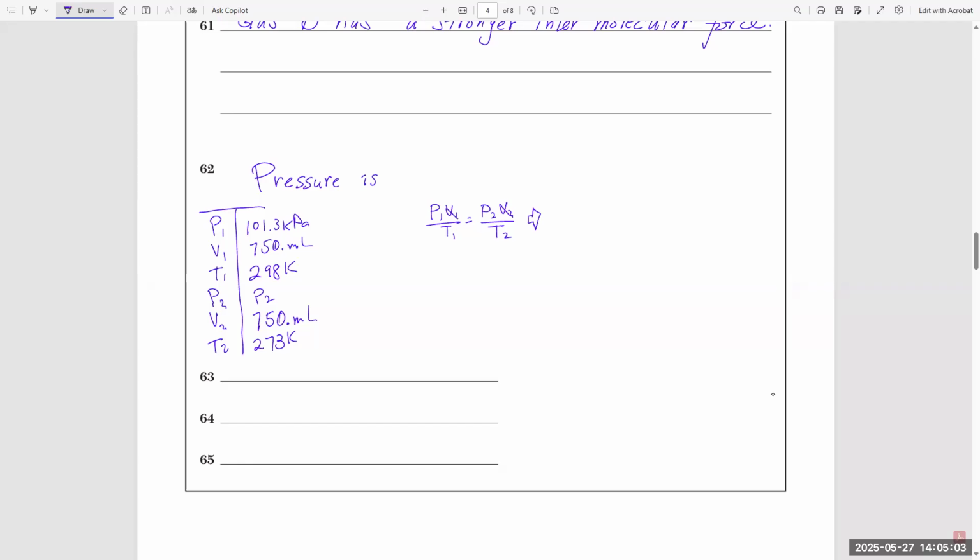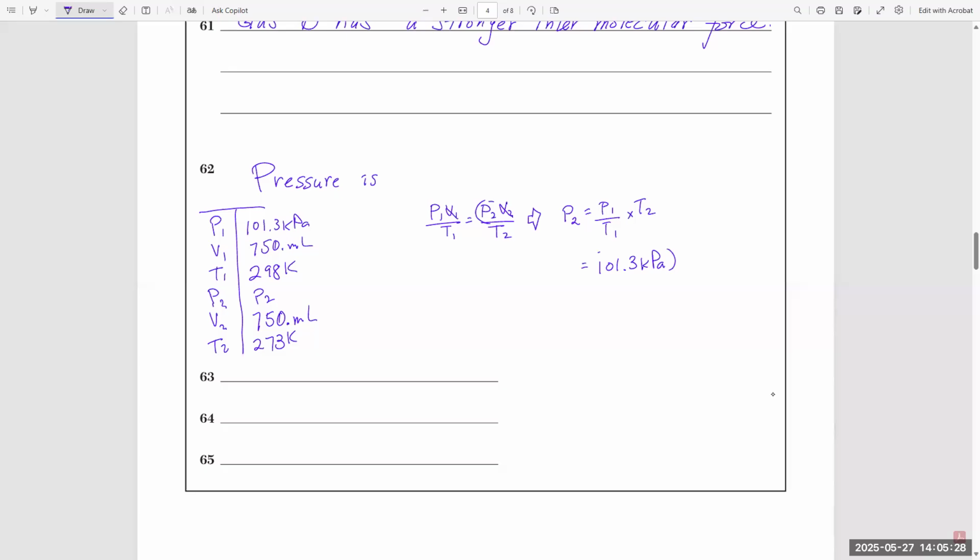We got to set up the problem where we want P2 to equal, P2 here is equal to, what's on the left side? P1 over T1. And then what are we doing with the T2? You're multiplying over to the other side, right? Now let's plug in our values. P1 is 101.3 kilopascals.